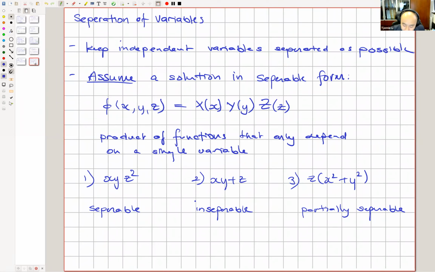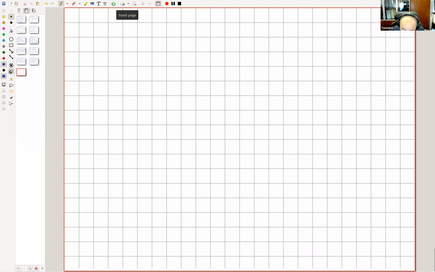Okay, so we've looked at what it means for things to be separable, and we've gotten a little bit of intuition for it, hopefully. So let's see what we can actually do with this. The first part of the story is the Laplace equation in Cartesian coordinates.